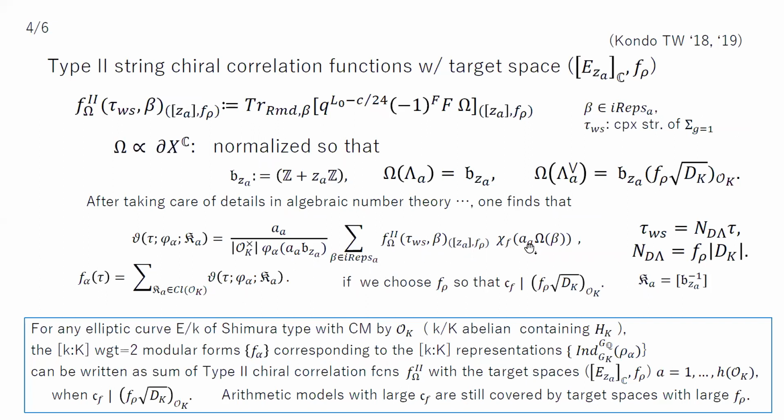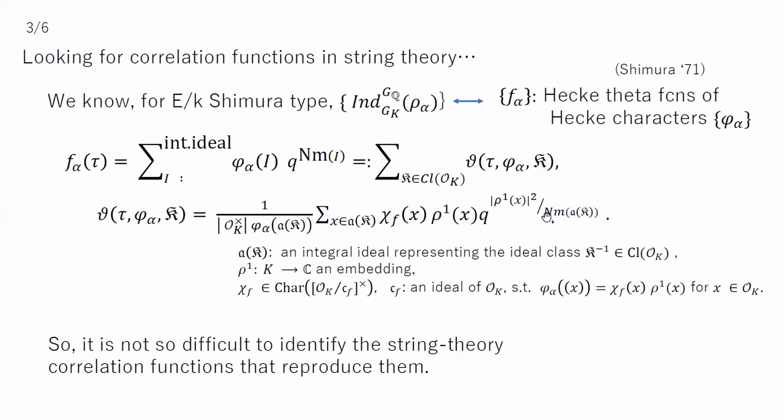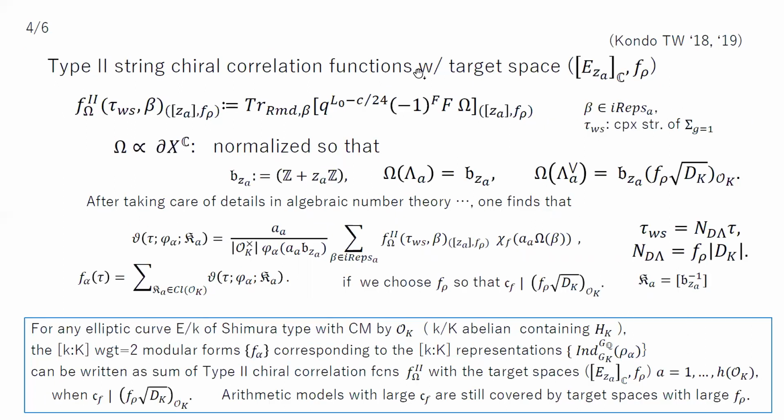Those characters need to be weighted by some kind of character, but that's it. Then it reproduces the theta functions with the linear function insertion. The linear function insertion is replaced by the insertion of the one-form operator in the string theory Hilbert space. So that's the idea, and that's the result.